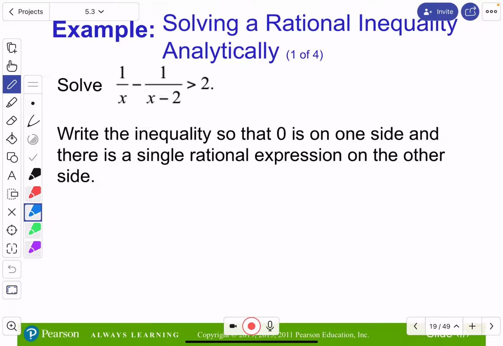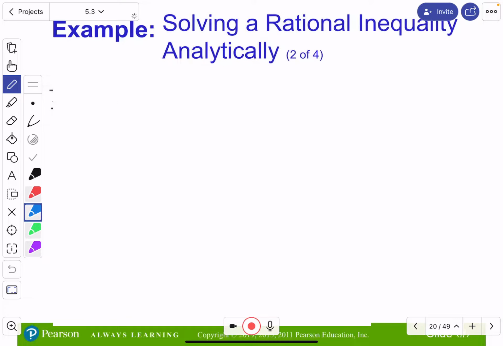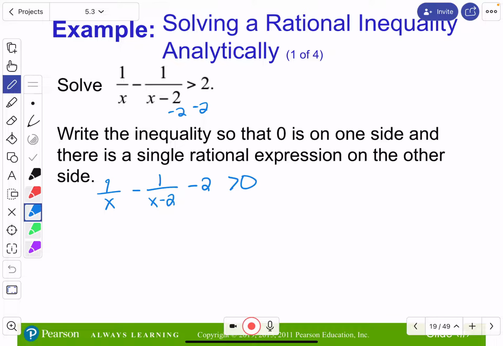All right. So here, we're going to start this one. We want to write it so that 0 is on one side. They like 0. So we're going to subtract 2 from both sides. And we get 1 over x minus 1 over x minus 2 minus 2 is greater than 0. Now we want our common denominator.